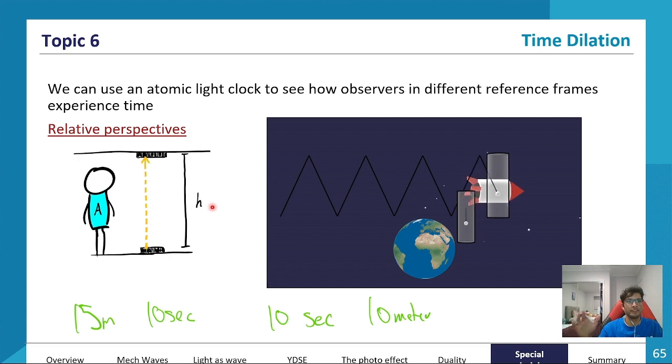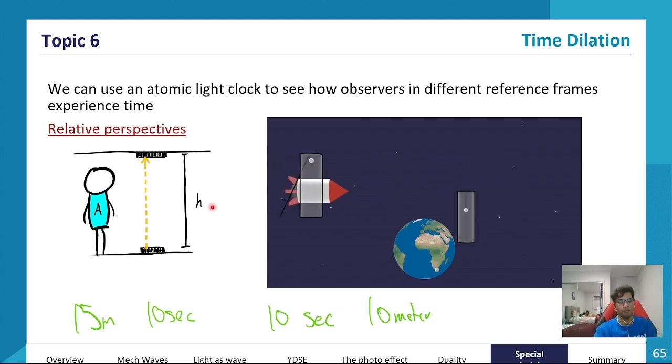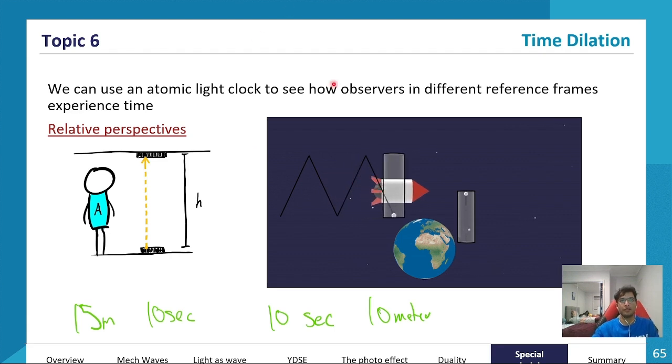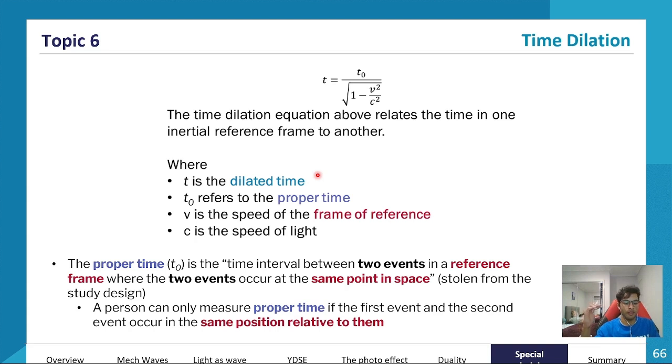Yeah, I told you, this stuff gets very, very mind-boggling very quickly. Essentially what's happening is because you see light travel a greater distance, time has to slow down. And then we get to this formula.